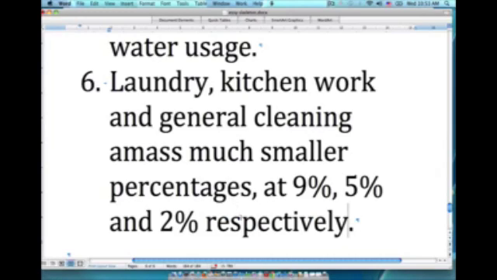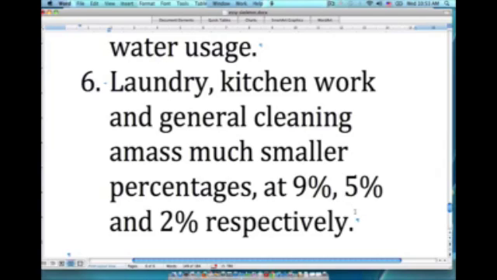And the word respectively just means that we've given a list of figures in the beginning of the sentence here. And we've given a list of values for them at the end of the sentence. And all we're saying is that the order of these matches the order of these. So 9% matches with laundry, 5% matches with kitchen work, and 2% matches with general cleaning.